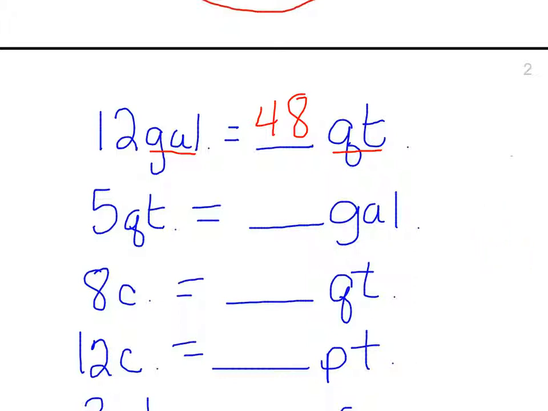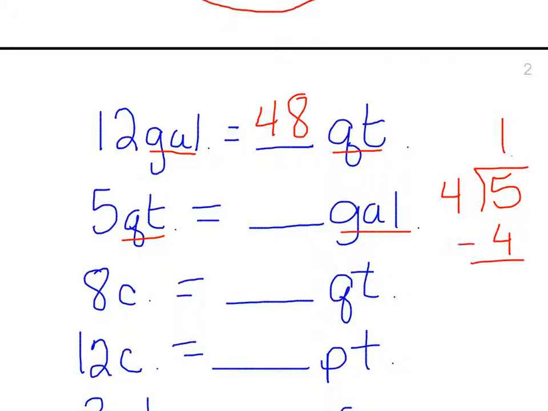Okay, so to do the next one, 5 quarts to gallons. This time we're going from quarts to gallons, and quarts is smaller than gallons, so that's smaller to bigger. And so I'm going to be taking 5 and dividing it by the conversion. The conversion for quarts to gallons is 4 quarts in a gallon. So I'm going to put the 4 on the outside. It goes in there 1 time.